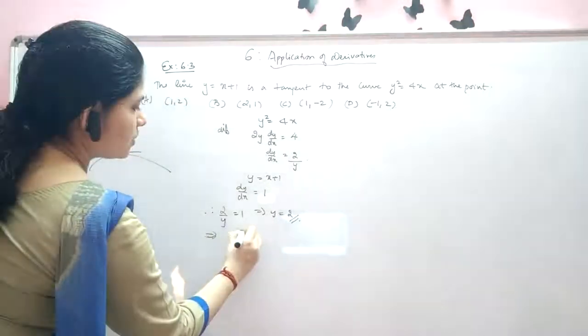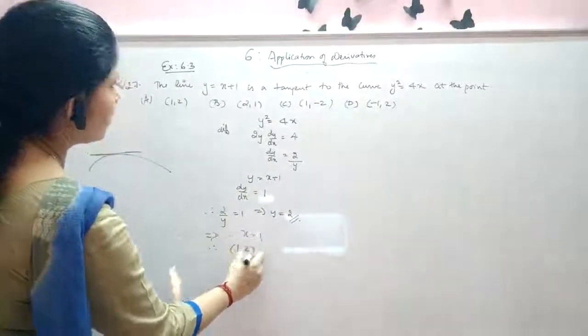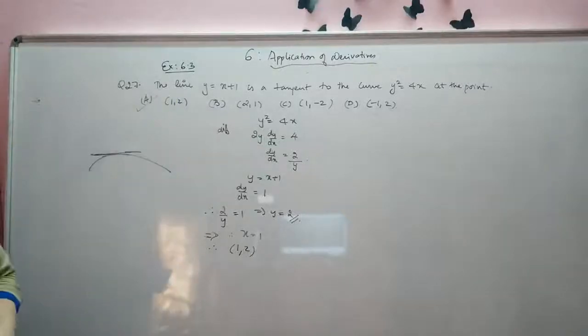Therefore x is equal to 1. So what is the point? Therefore the point is 1, 2. The option is A. Okay.